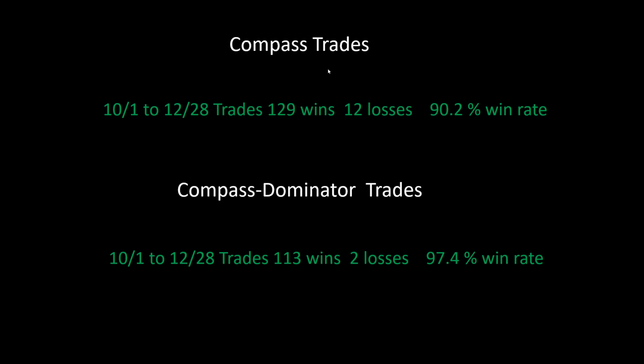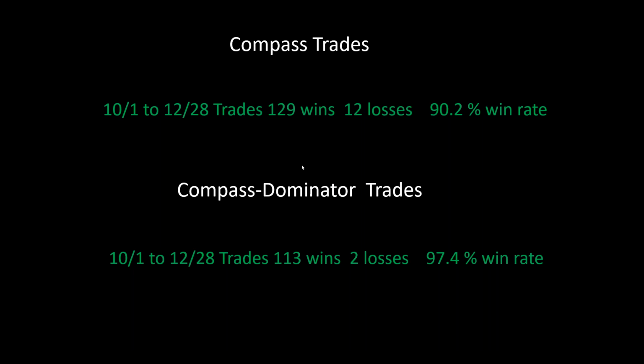And when I say just the Compass system, that means the Dominator system was neutral. It was not showing any particular bullish or bearish sentiment. So these are trades that the institutions were in, and I was trading long with the institutions, short with the institutions, but the Dominator was not giving me any market internals.